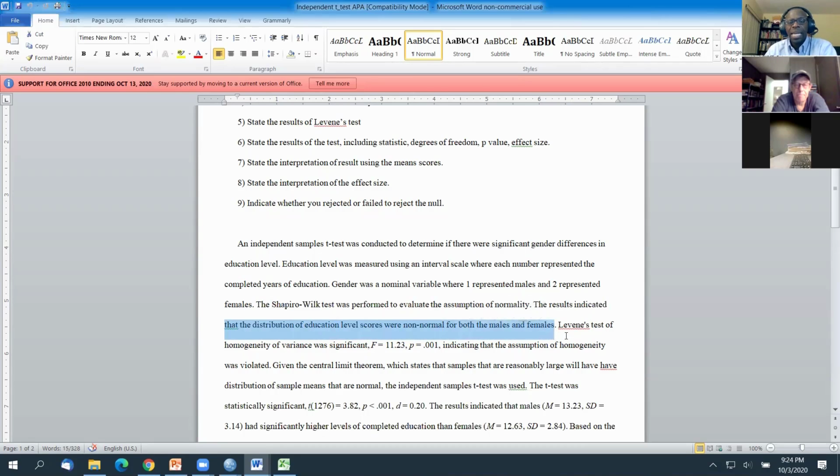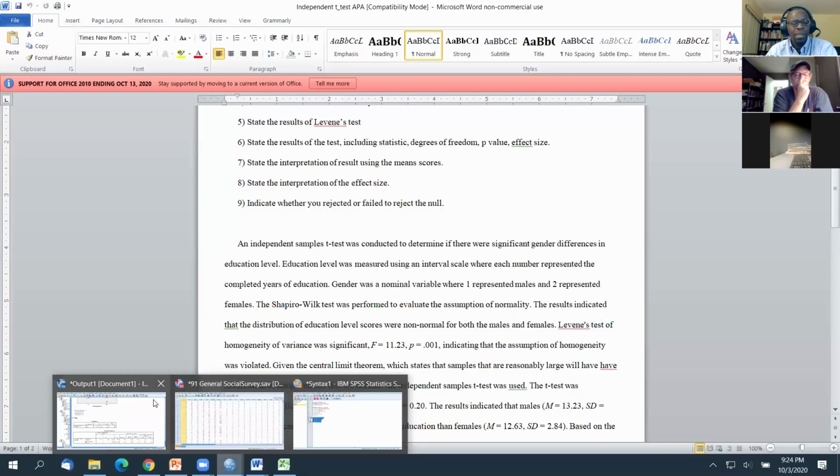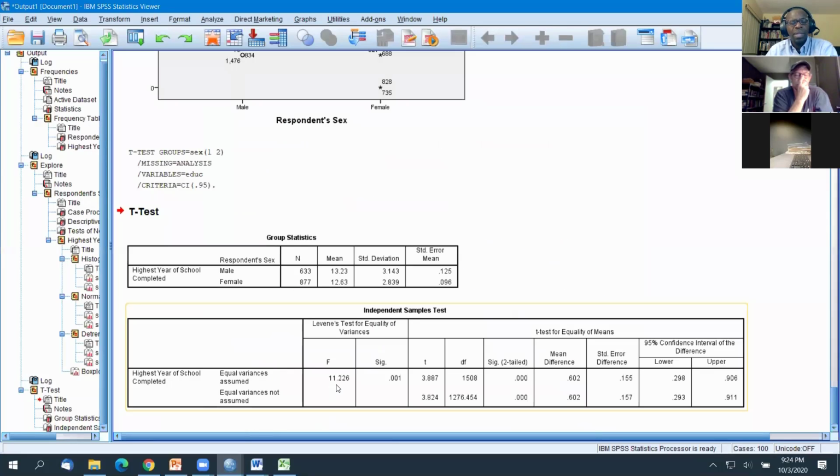All right. And then Levene's test says state the results of Levene's test. Levene's test of homogeneity of variance was significant. And we have the F value there, and that came from here, right? So we have the F value 11.23. You round to the second decimal place, and then you have a p value of p equals 0.001, okay?